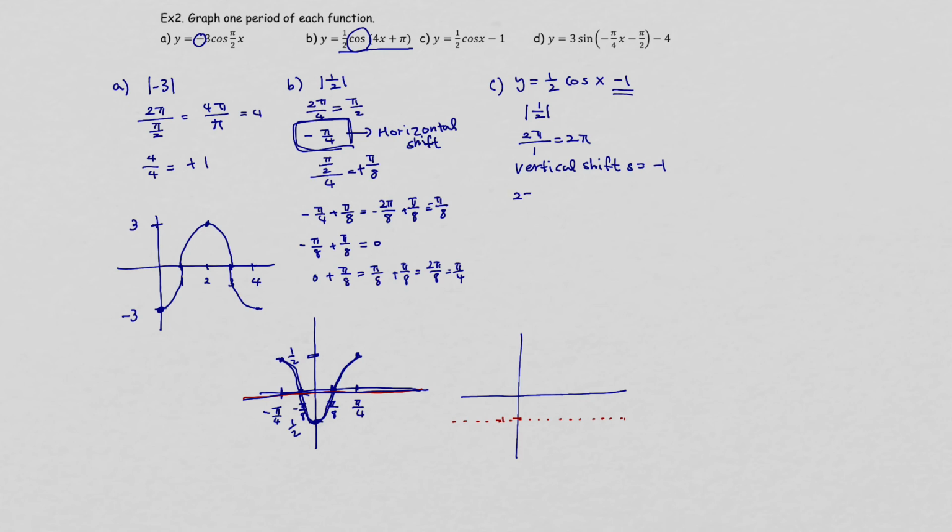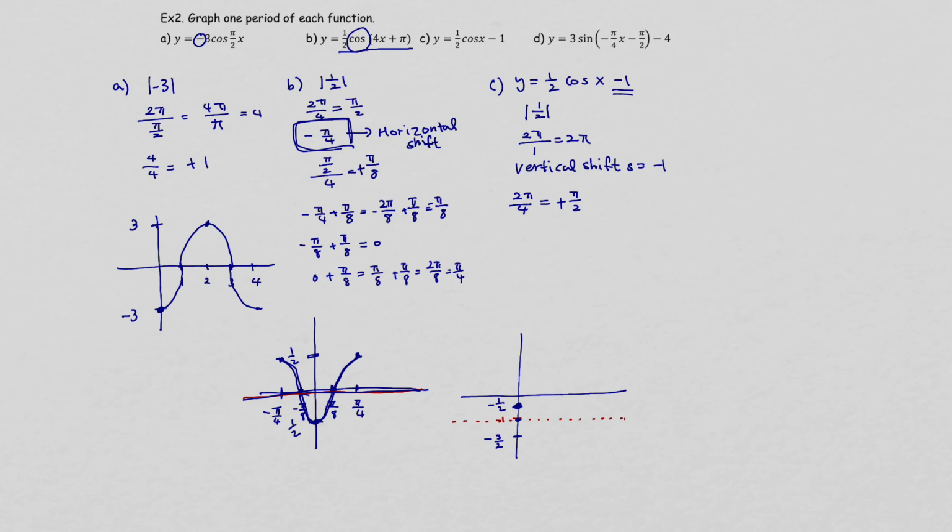That's going to be the period over 4, which is pi over 2. So you're adding pi over 2. Your amplitude is 1/2, so it'll be somewhere right here. From this point, going 1/2 up, it will be negative 1/2. Going down 1/2, it will be negative 3 over 2, right? And the cosine starts from up here, so it will be that point.